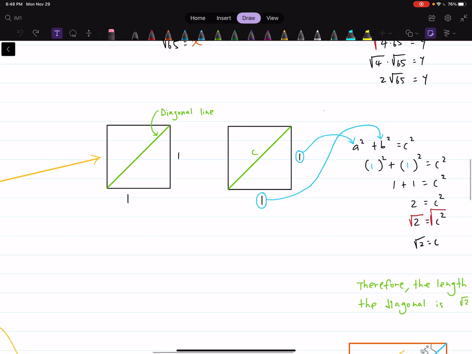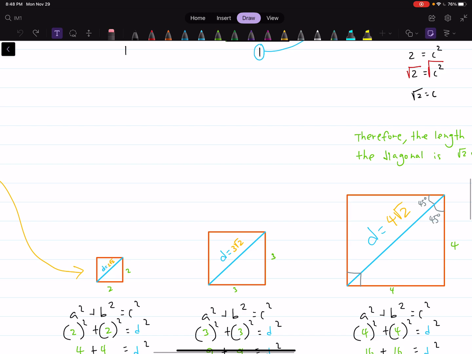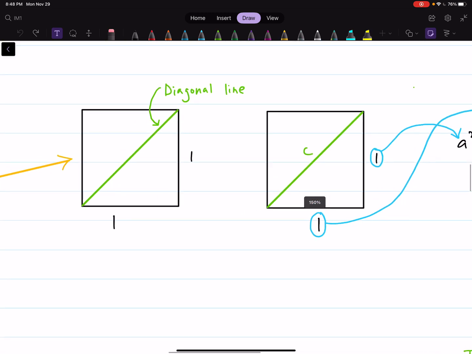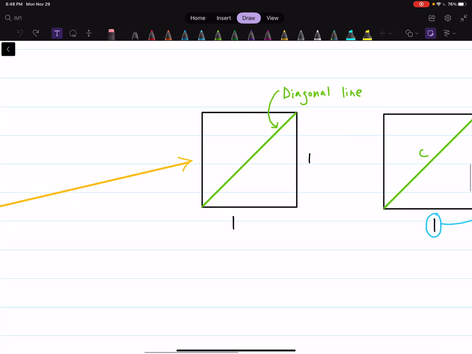That's really important. One thing I should talk about here is that this is a right triangle, which means that is a 90-degree angle. If I cut it in half, this is going to be 45 degrees, and that's also going to be 45 degrees, because 45 degrees plus 45 degrees, which is 90, makes the 90-degree angle.